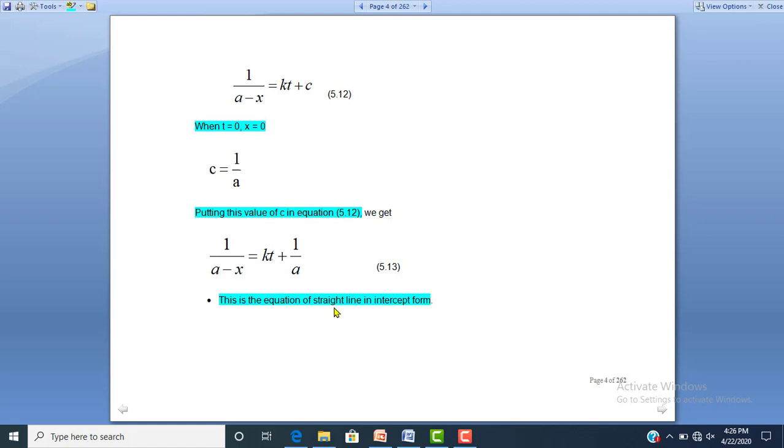This is the equation of a straight line in the intercept form. This equation 5.13 is the equation of a straight line in the intercept form.